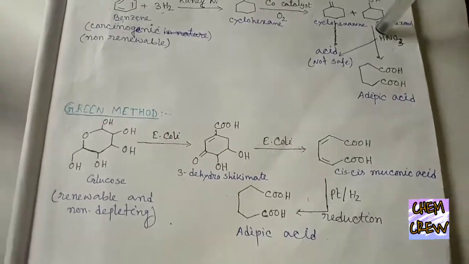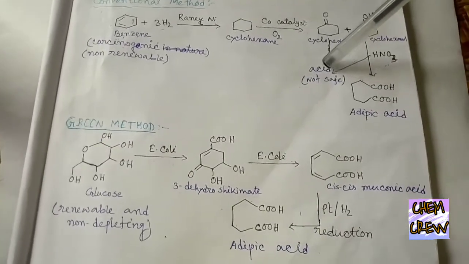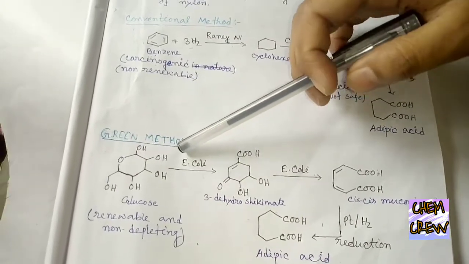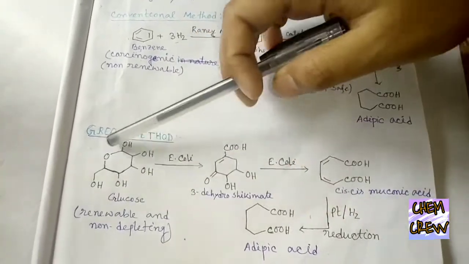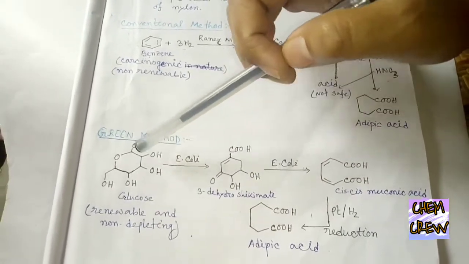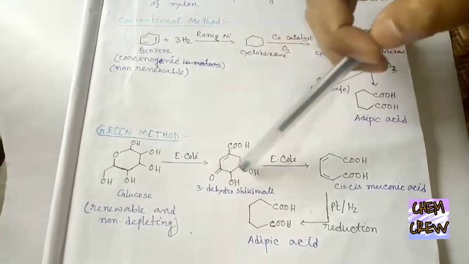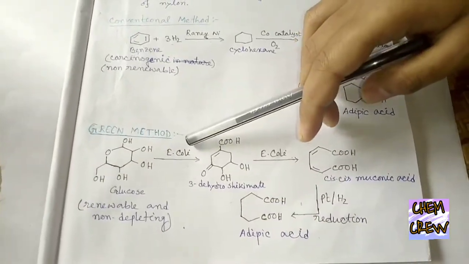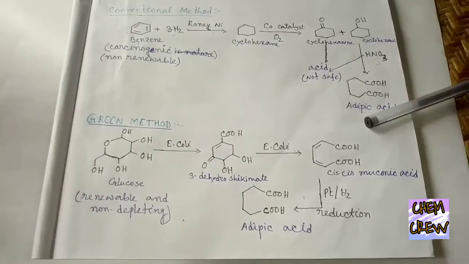It is very dangerous and harmful for health. But in the green method we used glucose, which is non-depleting and renewable. Also this is non-harmful for health. So we can say that the green method is more useful than the conventional method.